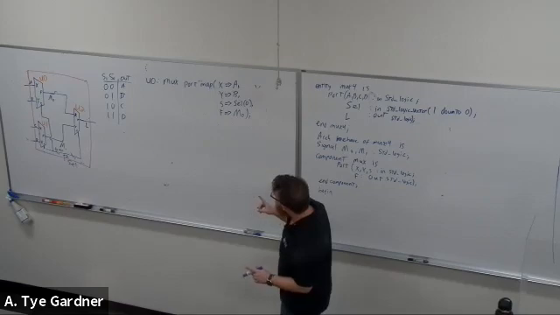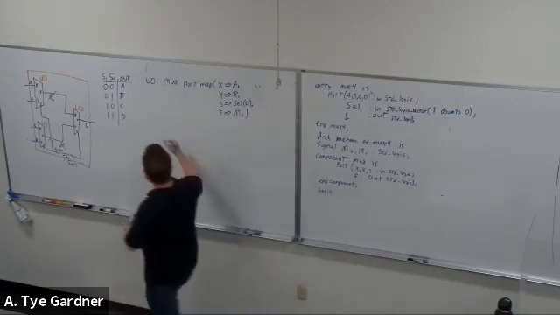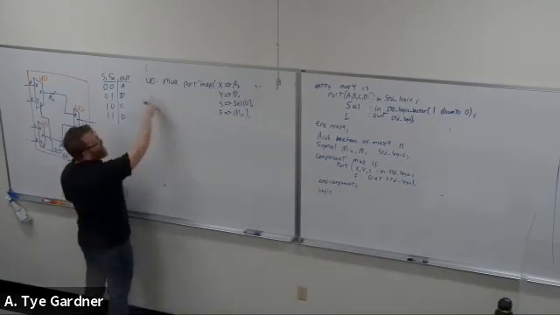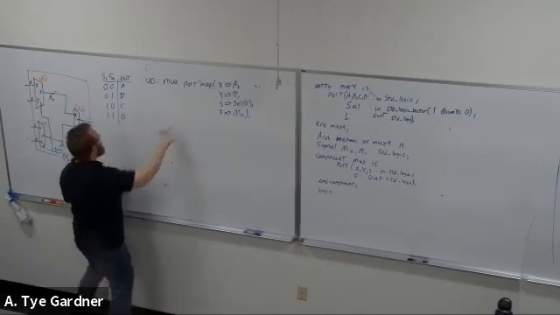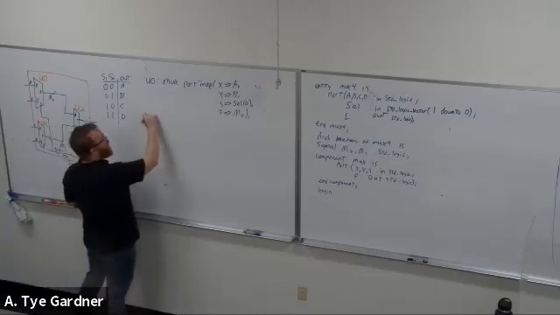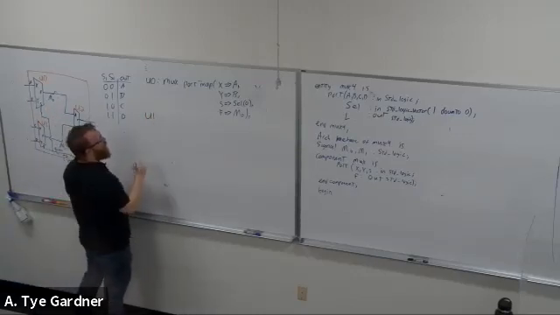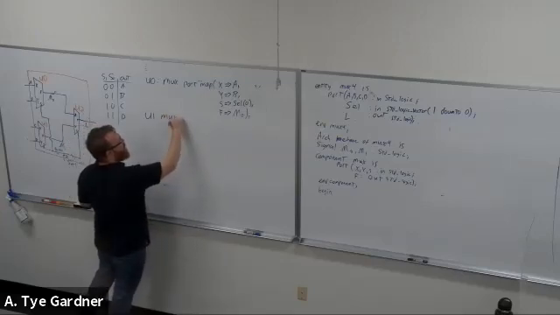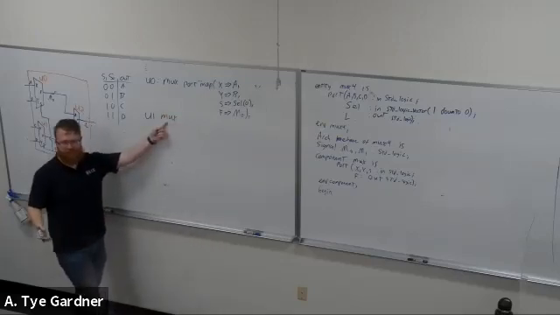Now, this is done. I've made a mux. It has maps. It has these connected to these wires. Everything's fine. Okay. U1 is also a mux. It's the same, right?